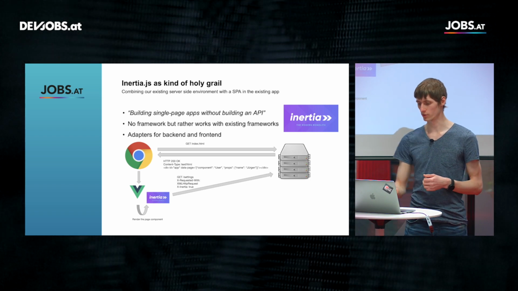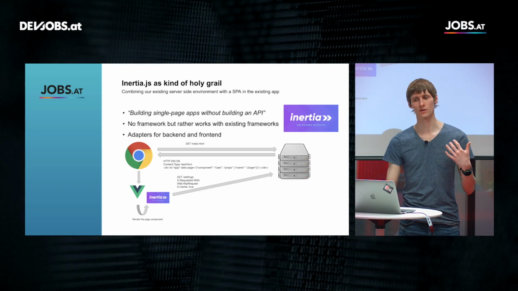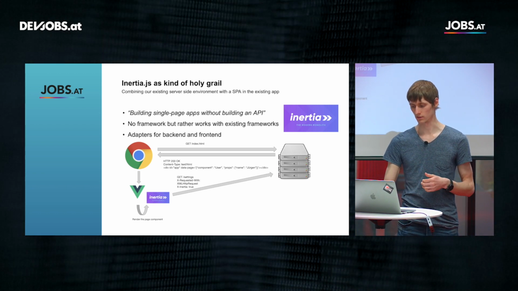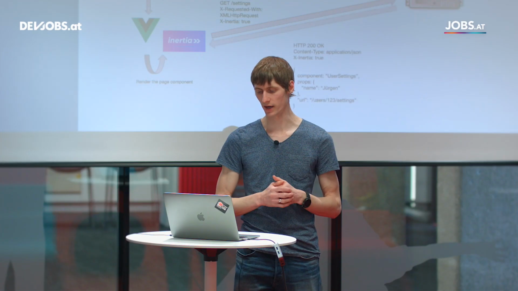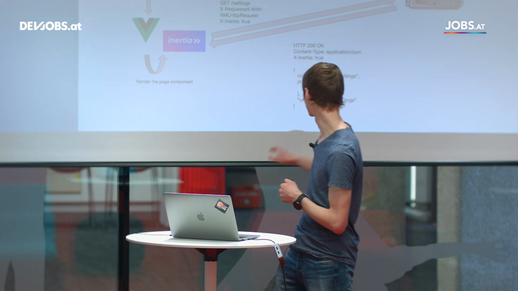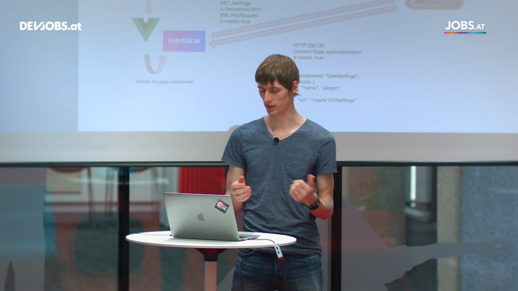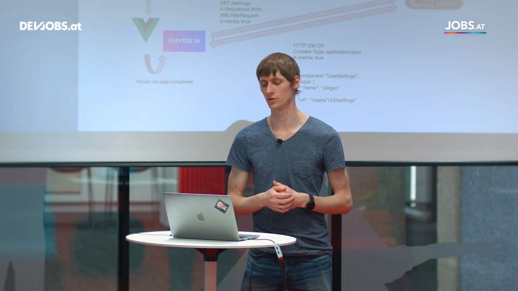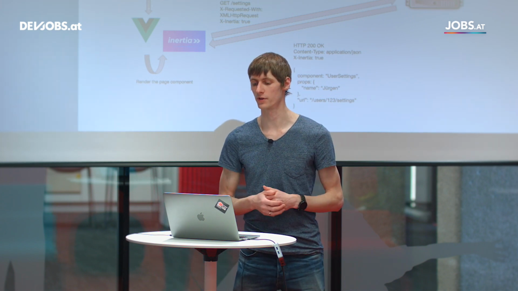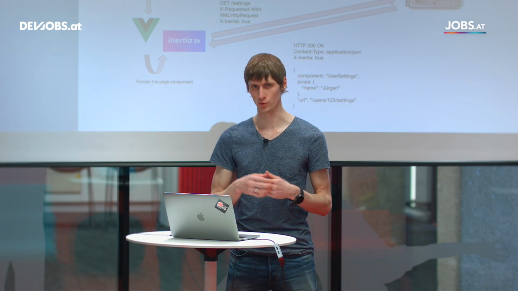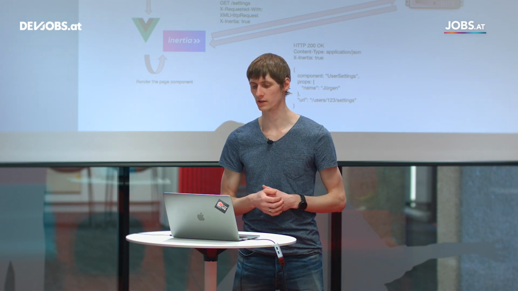So the server now knows, okay, instead of returning JSON, I always return some kind of JSON with this structure. Where you specify again the component, the props, the URL, and there can be additional things like the asset version to also do cache busting and stuff like this.